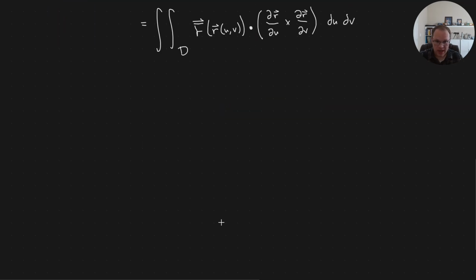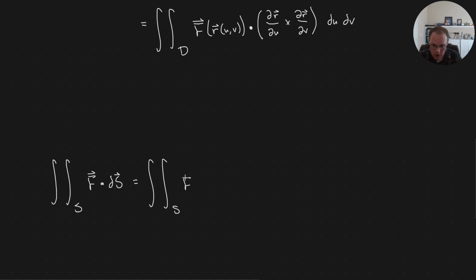Let me summarize that. So the notation we have is we want to integrate a vector field over the surface, which means we're finding the flux of the vector field through the surface. We want to know how much of that vector field is pointing in the direction of the unit normal to the surface.